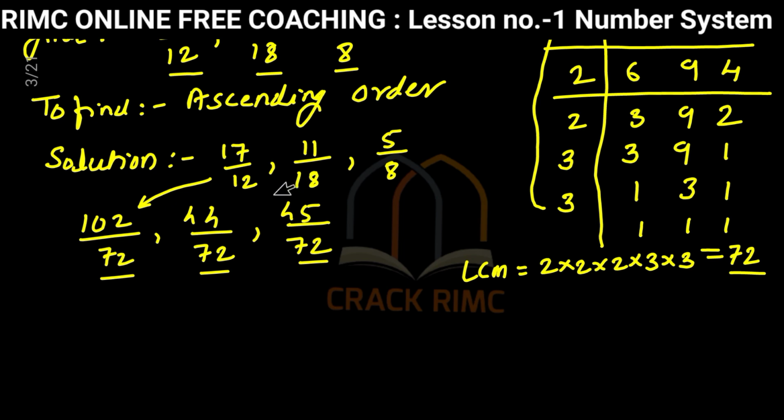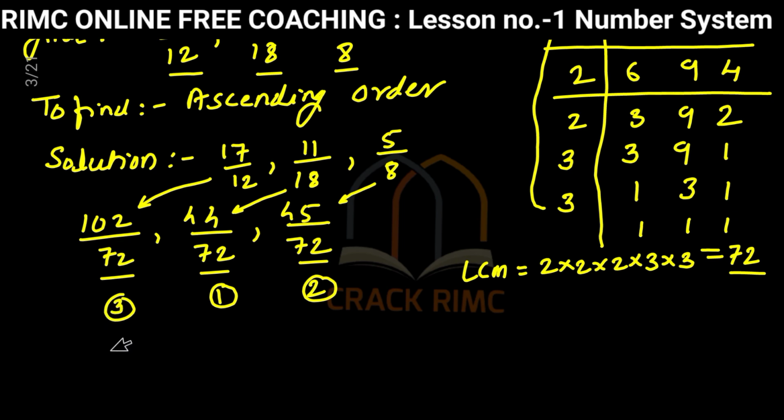For 11 upon 18 we have written 44 upon 72, and for 5 by 8 we have written 45 upon 72. So the smallest number is 44 upon 72, this will be first. Then 45 upon 72 will be second, and then 102 upon 72 will be third.